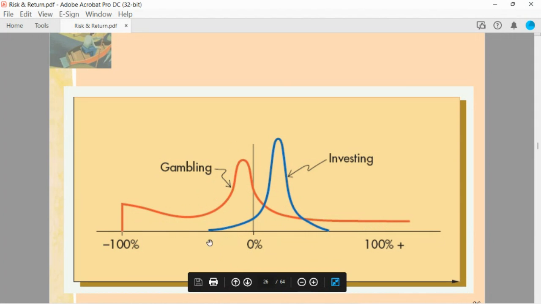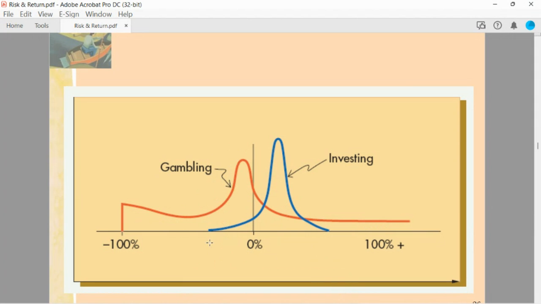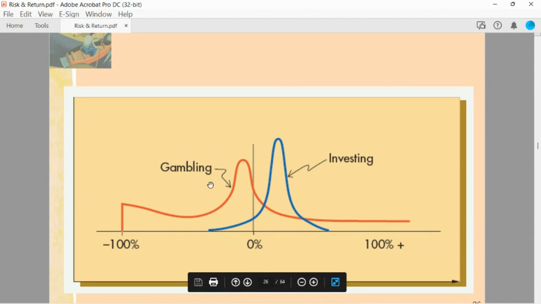There's no way. I mean, you may win. If you go to Las Vegas or Atlantic City and play the slot machine, you may win once after losing 100 times, right? Therefore, the mean expected return is negative.